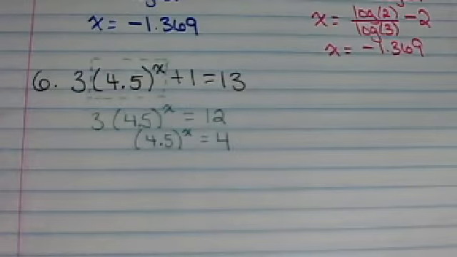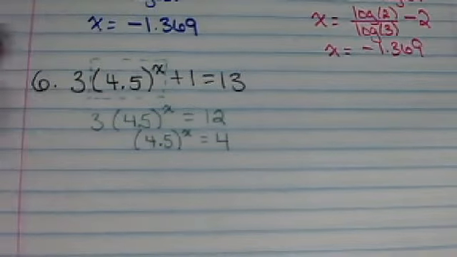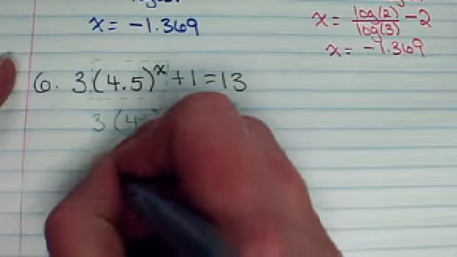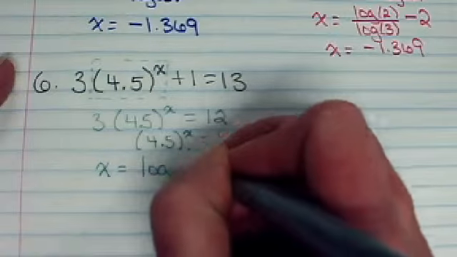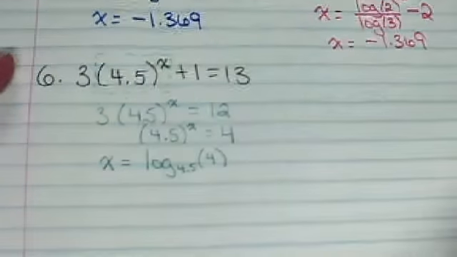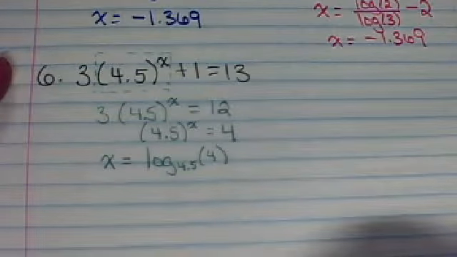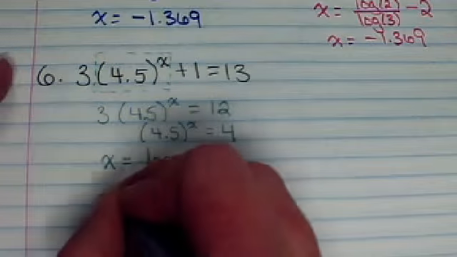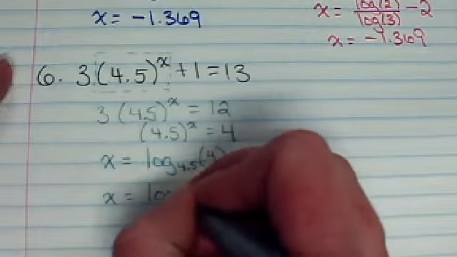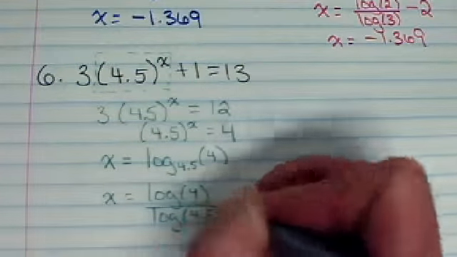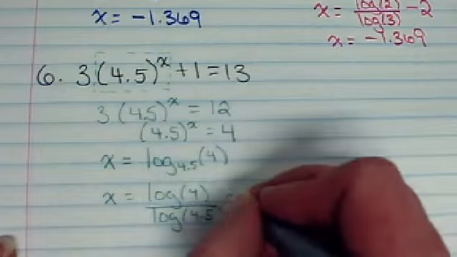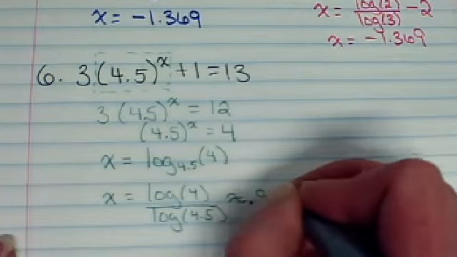From here, I honestly think rewriting is the easier way, but it will be up to you. If you would like to rewrite it, you would get x equals log base 4.5 of 4. x equals log of 4 divided by log of 4.5, which gives me approximately, I believe, 0.921.